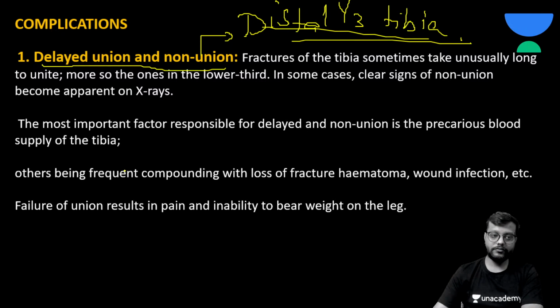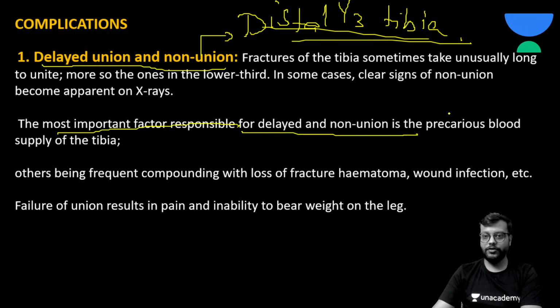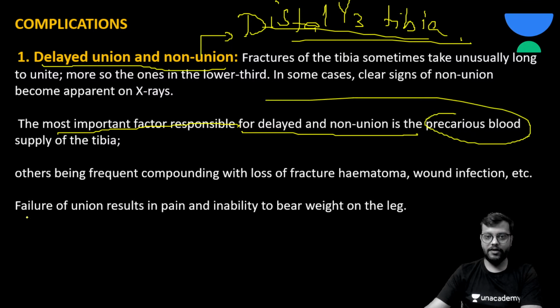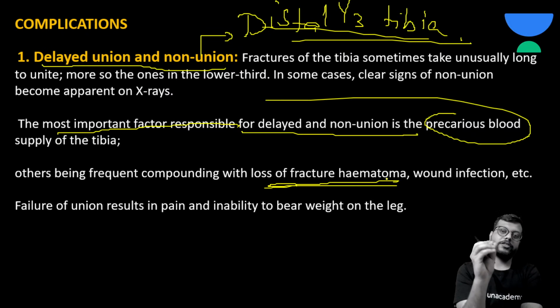Okay, see, the most important factor responsible for delayed and non-union is the precarious blood supply. We have discussed, and other factors like if there is loss of fracture hematoma. क्या होता है, कोई भी फ्रैक्चर होता है तो वहां पे एक हेमाटोमा बन जाता है, and that hematoma जो होता है that helps in the fracture healing.